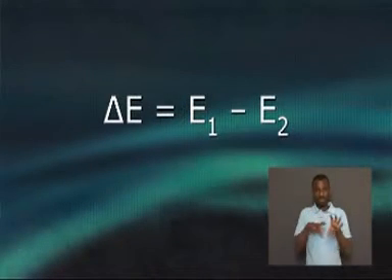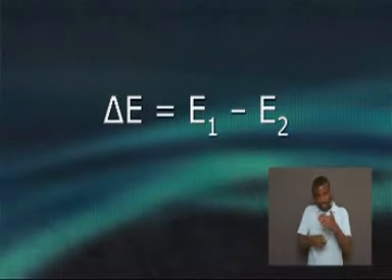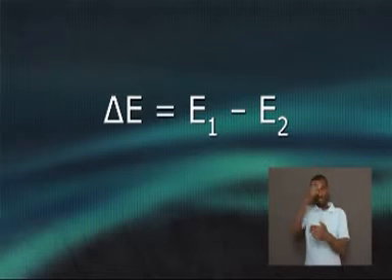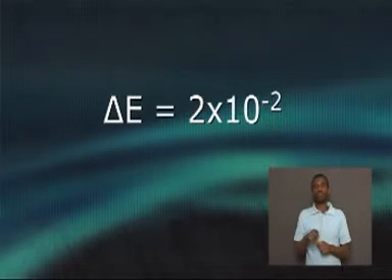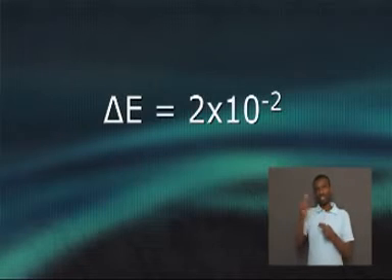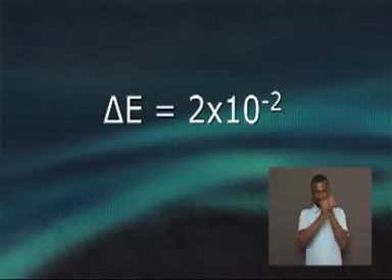We must simply calculate the difference in energy level by subtracting the smaller energy value from the higher energy value. Thus, the answer is 2 times 10 to the power of -2.